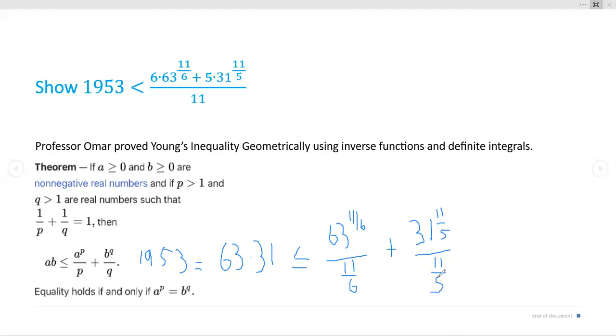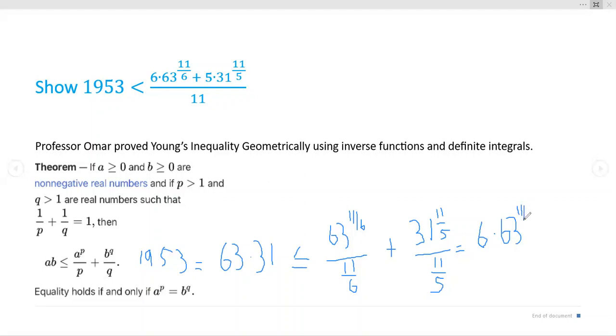Now notice if you invert and multiply, this would be 6 over 11 in the numerator. So you would get 6 times 63 raised to the 11/6 power.